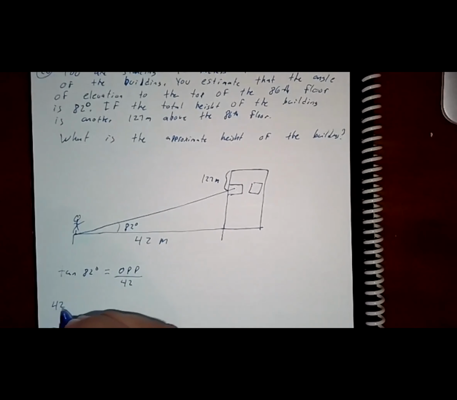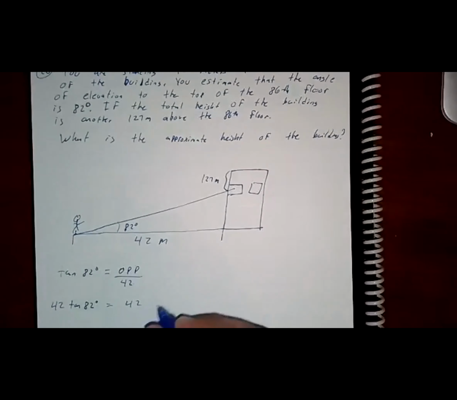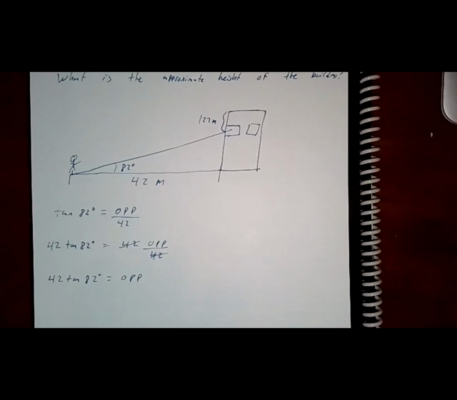So then do some algebra and solve for the opposite side: multiply by 42 on both sides to cancel, like we did last time. So now I know that the opposite side is equal to this. So now it's calculator time. Guys, okay so far?